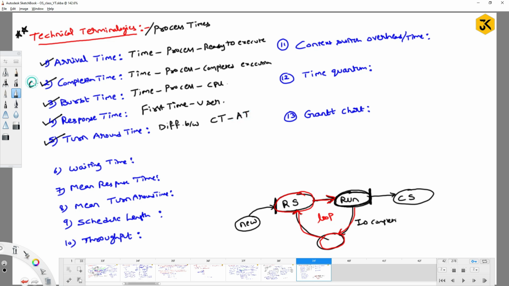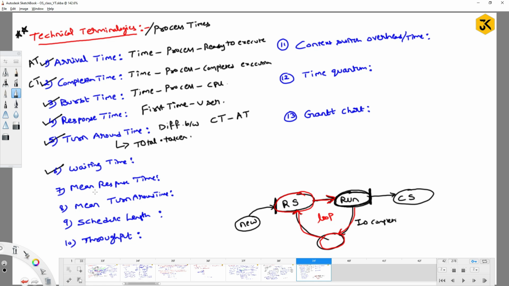We can shortly write it as completion time and arrival time as AT. The difference, completion time minus arrival time, we call turnaround time, which in other words is the total time taken to complete a process once it is in the ready state. Am I right? Yes.